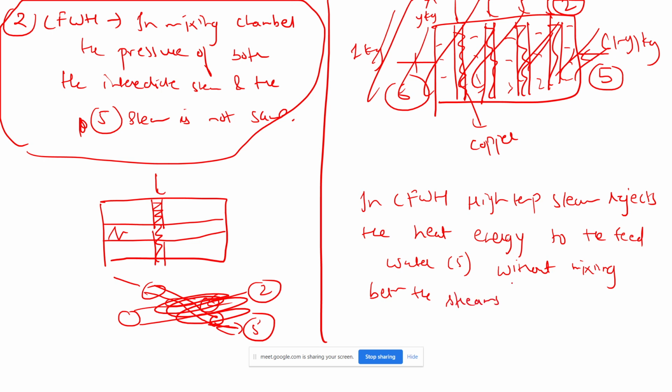In the previous case, what was happening? Both the intermediate steam and the feed water were first brought to the same pressure, and then allowed to mix.